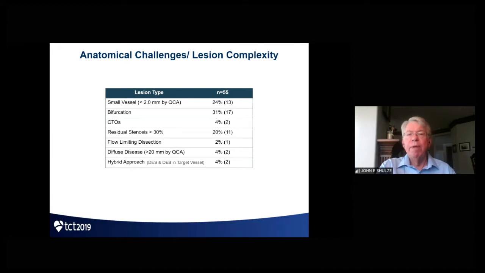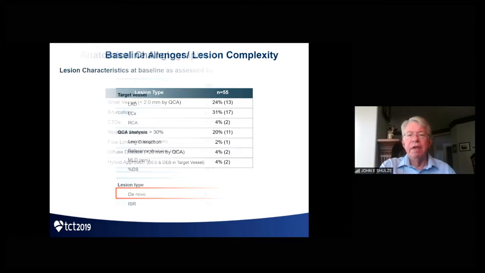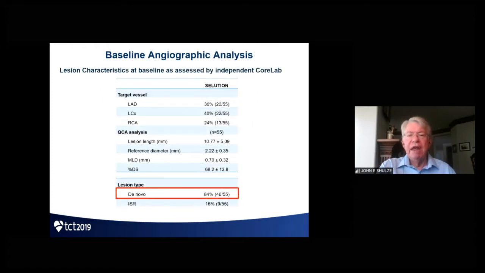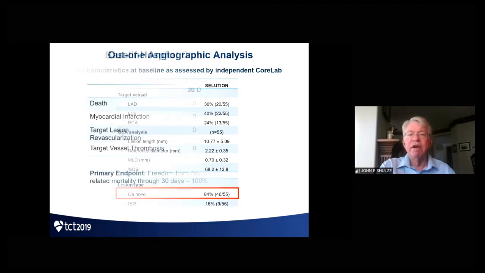Lesion types were a large preponderance of small vessel, 24%, 31% bifurcations, 4% CTOs, and importantly, 84% of these in this first-in-man trial were de novo lesions, 16% were ISR.